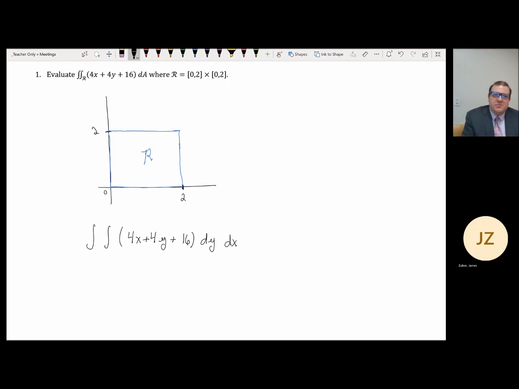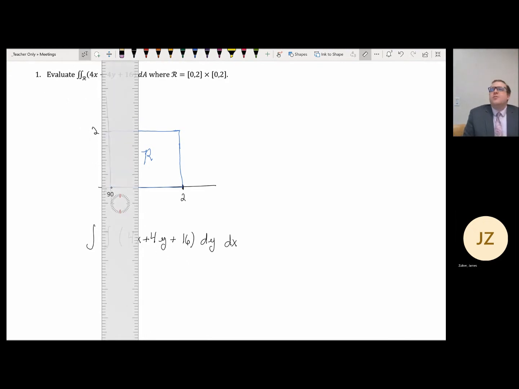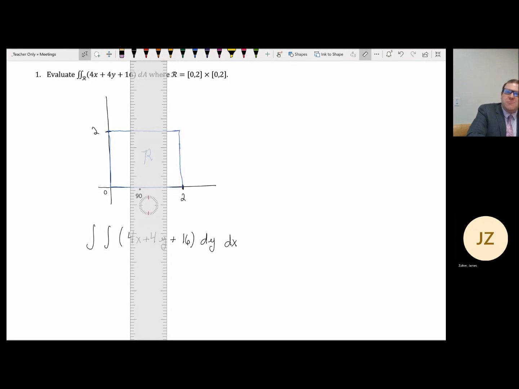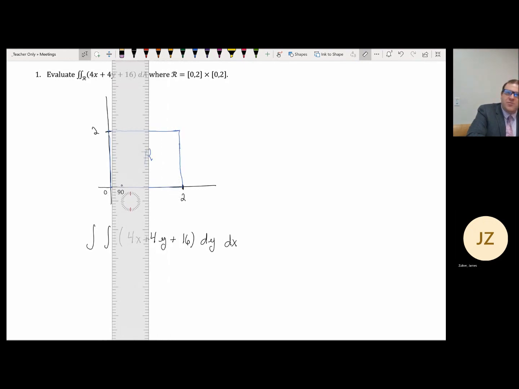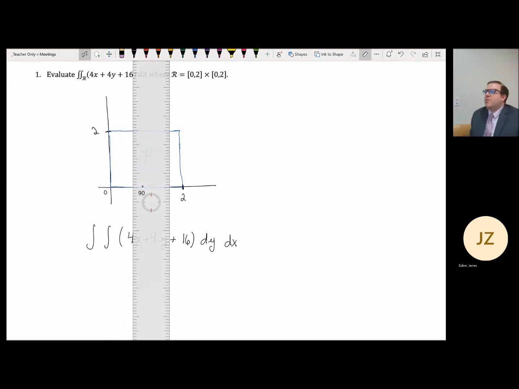And then here's how you think about it. And this works perfectly because I can just use the ruler. You draw an imaginary vertical bar, and you let it run throughout your region. Since we're doing dy, you're going to let it run vertically throughout the region. And you go, okay, what does that bar extend from?